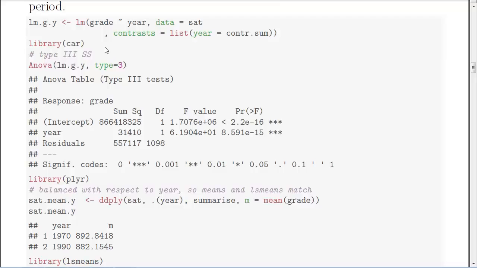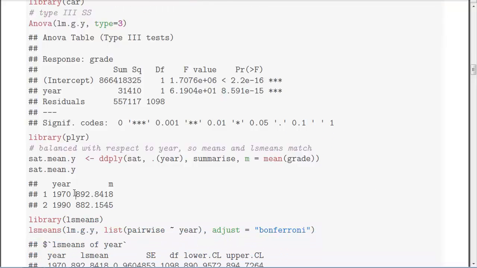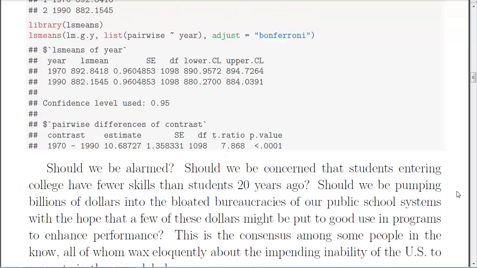If you put this right into a linear model, grades is the response by year, which is categorical, and you make a comparison, there's a difference in years, and when you calculate the means, here they are, 10 points difference. And if you use LS means to calculate confidence intervals for each year, as well as do a contrast, you see a difference of 10 with a small standard error of 1.3, which is highly significant.